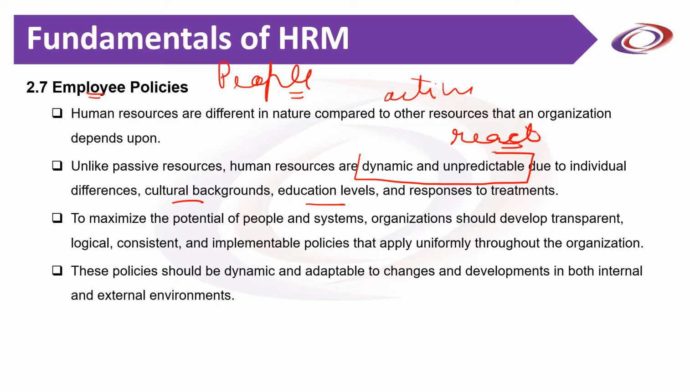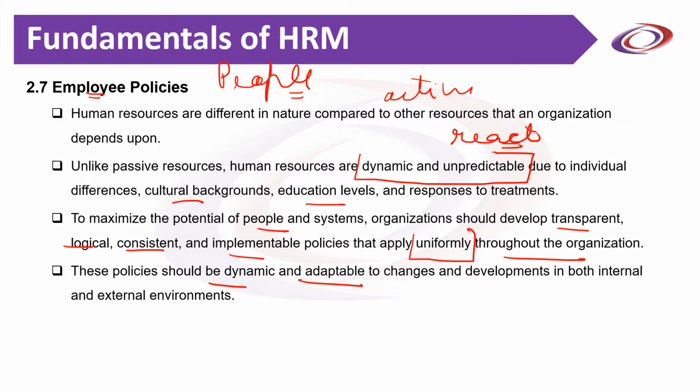So, to maximize the potential of the people and systems, organizations should develop transparent, logical, consistent, and implementable policies that apply uniformly throughout the organization. And one important point that you have to keep in mind is that the human or employee policies should be dynamic and adaptable to changes.